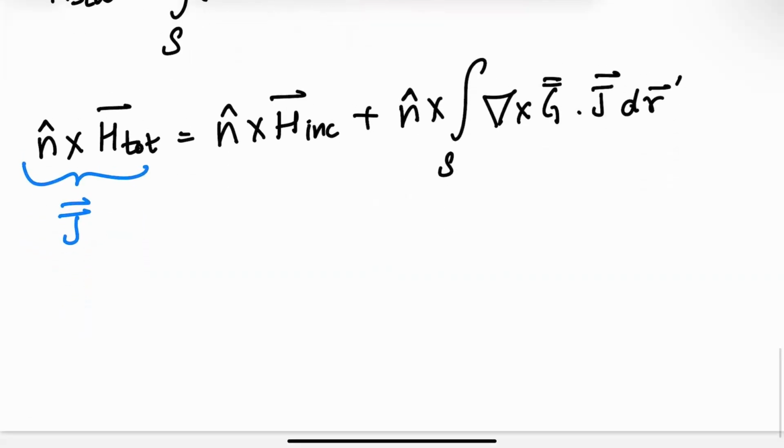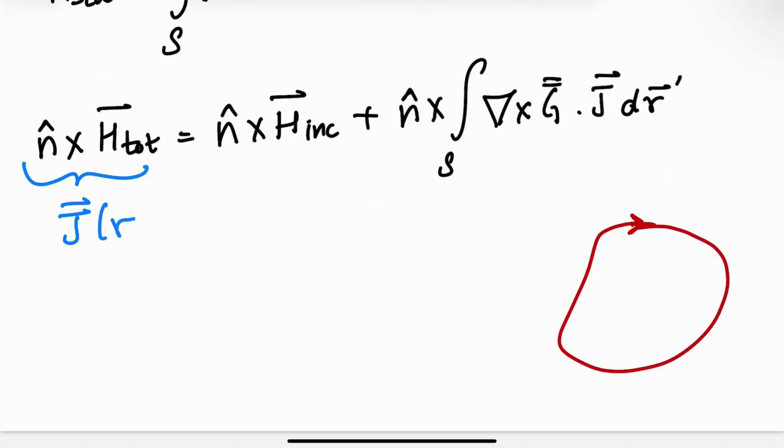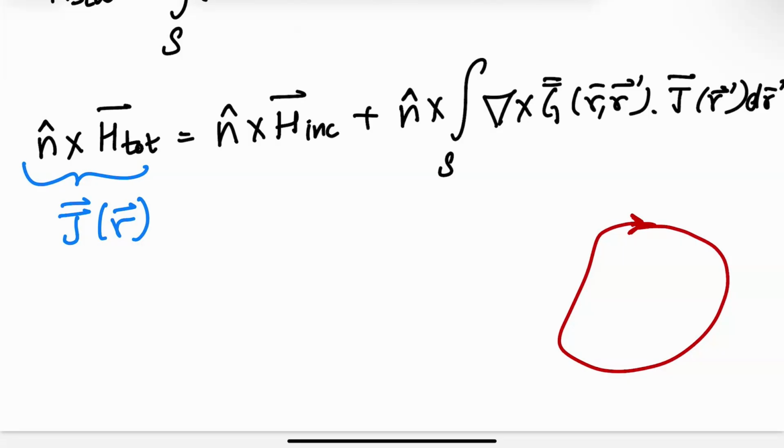But the difficulty, of course, is that since we're on the surface of a PEC, I have some current here on the left-hand side, which is this, J of r, and inside the integral, maybe I should write that explicitly, curl of G of r comma r prime dot J of r prime dr prime.